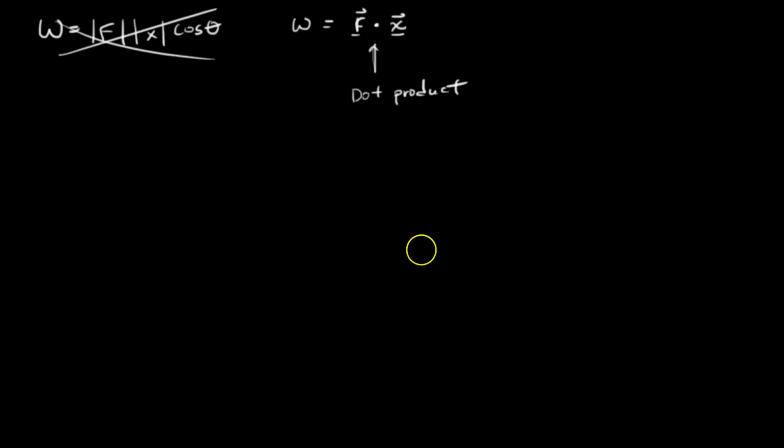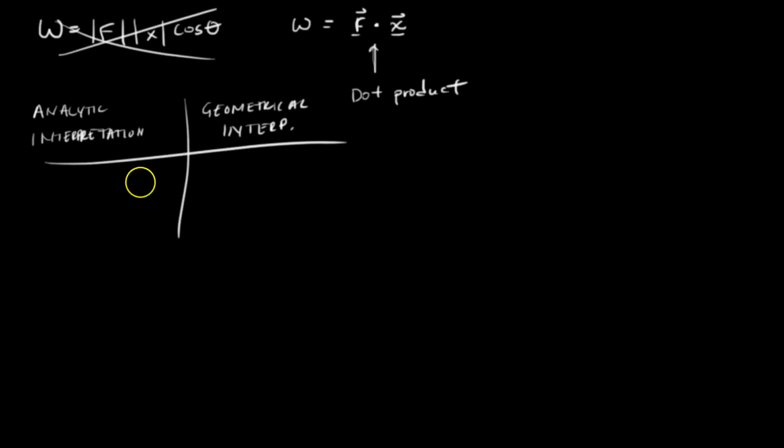But what it also means, okay, so for the dot product we have an analytical interpretation and a geometrical interpretation.